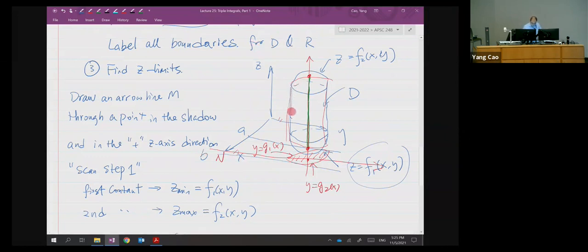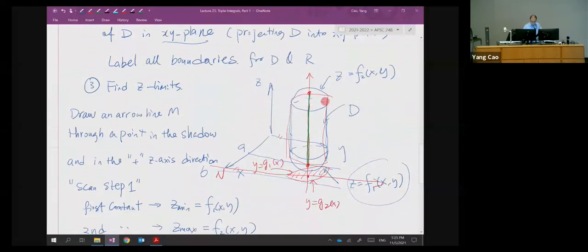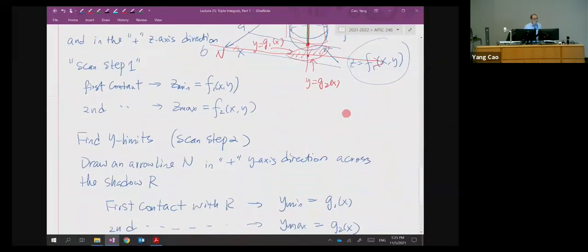And in your head, you can think about what's going on with the scan. Remember the second step created this cross section. So the last step is you're moving the cross section from this end to the other end. As you're moving, you're basically generating this 3D region D. That's what we call scanning through this region D. It's like a 3D printing process.